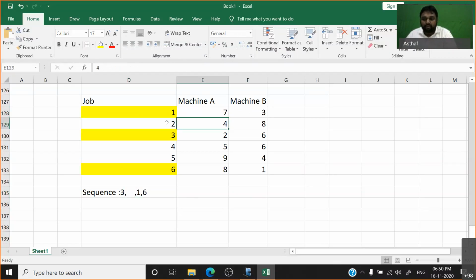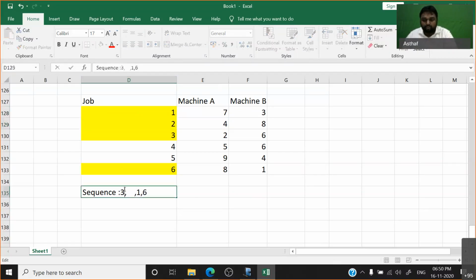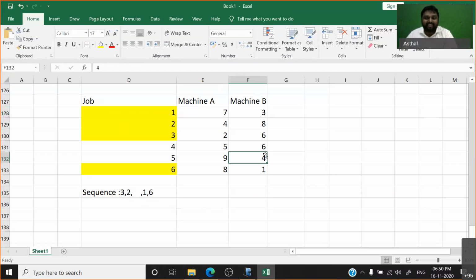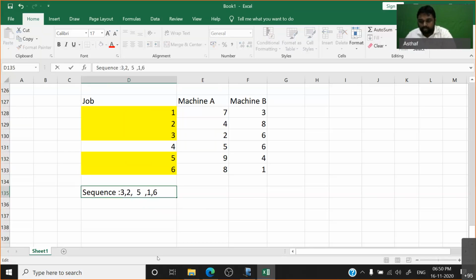This 4 is for job 2, which goes on your right-hand side. Now we have one more 4 here, which goes on your left-hand side and belongs to job 5. How interesting. Now only one is left, which is 4.